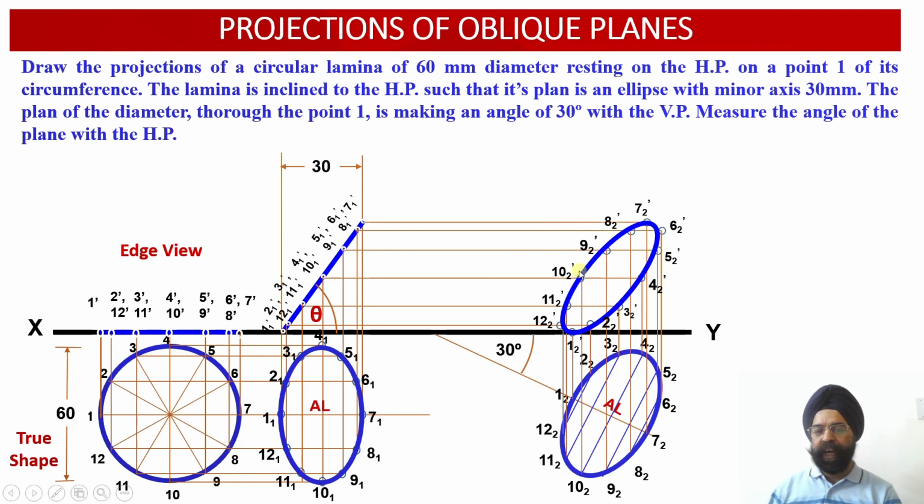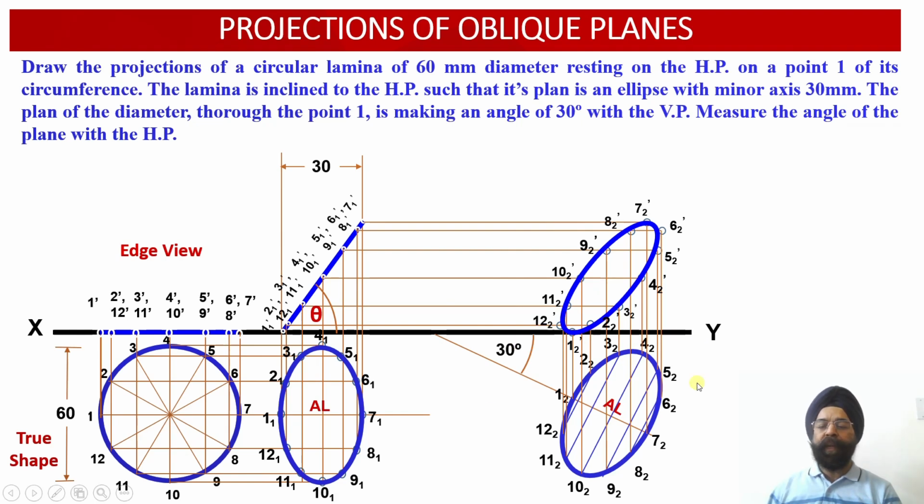And once we join, we can see that this is the final apparent shape of the circular lamina, which is oblique in nature. That is, it is inclined with respect to HP at an angle theta, and the plan of the diameter is inclined with respect to the vertical plane at an angle of 30 degrees. So this way the oblique front view projections have been obtained.